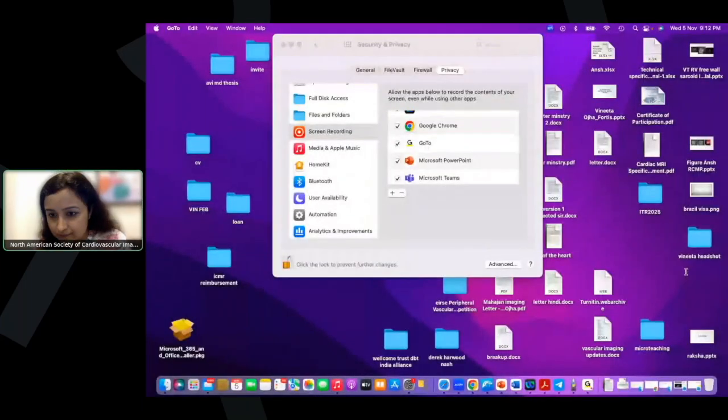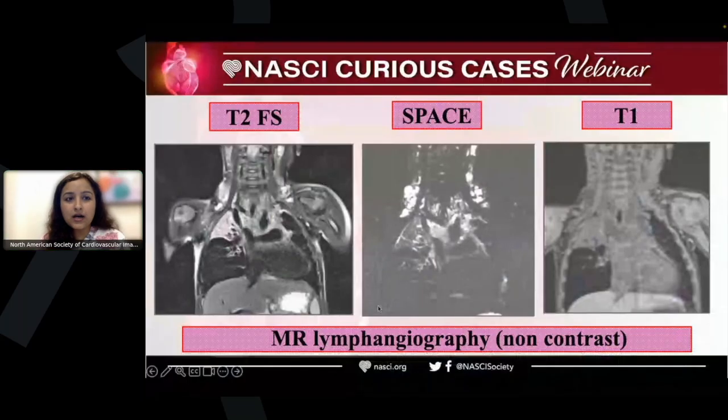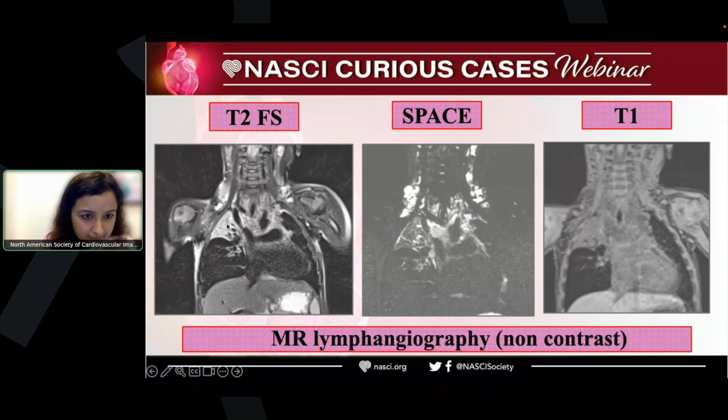So this is the T2 weighted fat SAT sequence in this patient, which showed ill-defined hyperintensity in the region of the mediastinum. There is some sort of consolidation here in the region of the superior lobe, and it is around the great vessels as well.